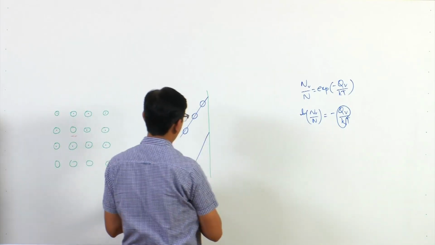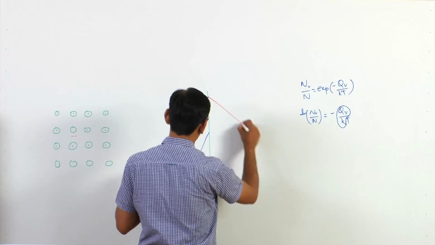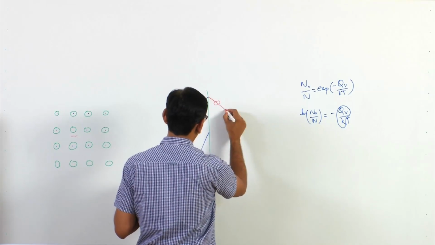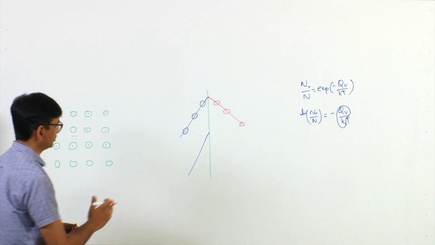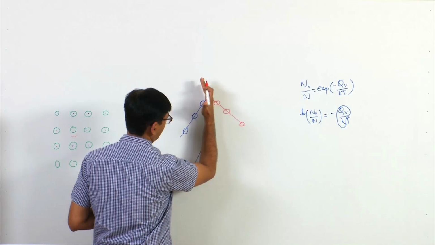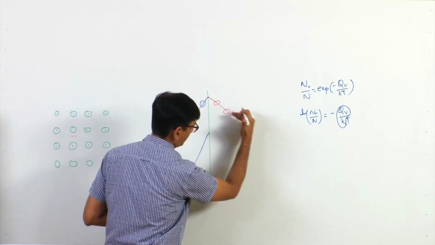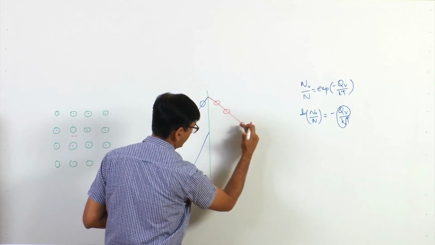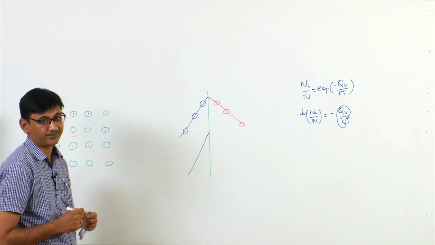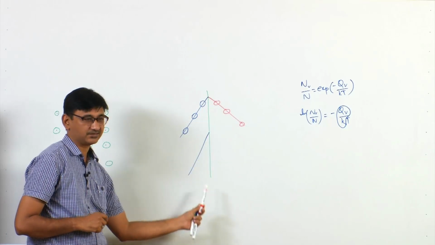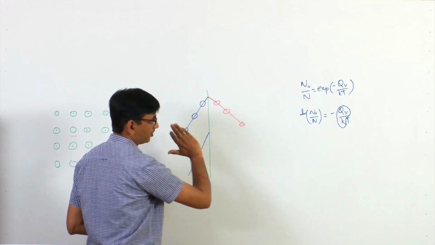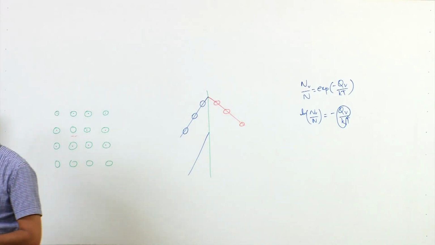This atom will be mirrored here, this atom will be mirrored here, this atom will be mirrored here. So, it looks like there is a mirror here, and all these atoms have a reflection across the mirror. This kind of boundary is called a twin boundary, which has a mirror-like arrangement of atoms across the boundary.